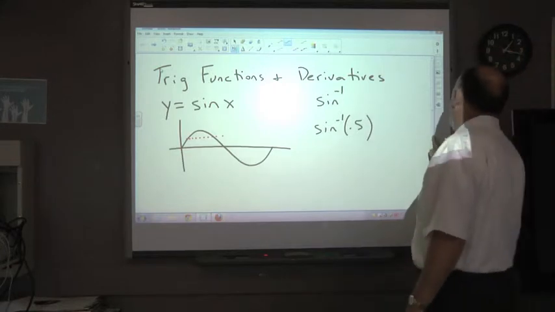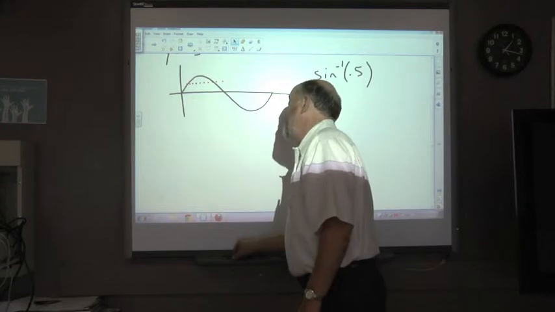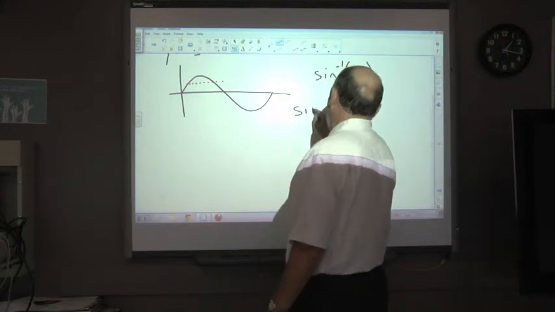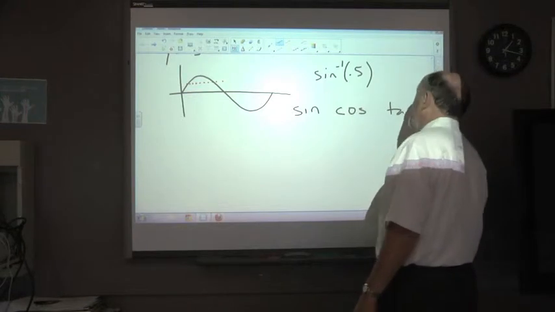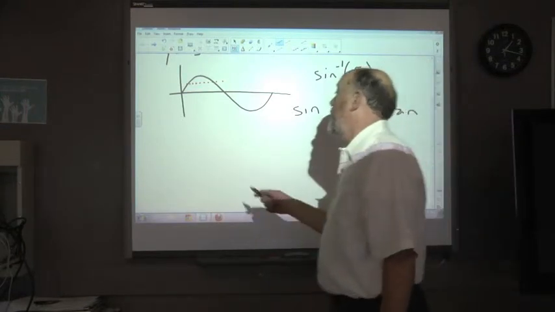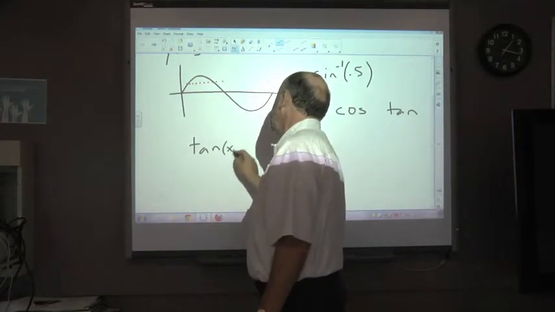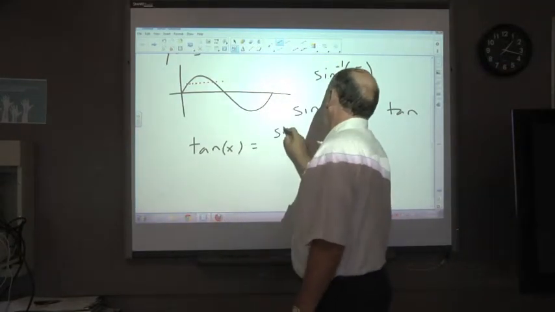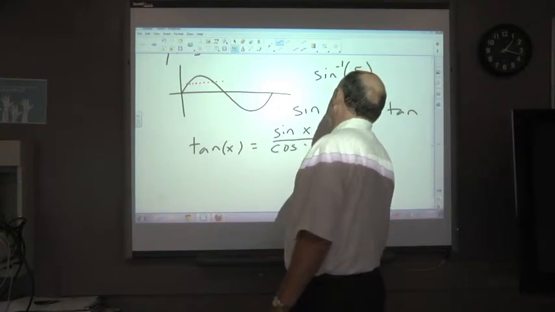And in terms of the trig functions, we had the basic three. Again, were sine, cosine, and tangent. And tangent itself actually can be rewritten in terms of sine and cosine.